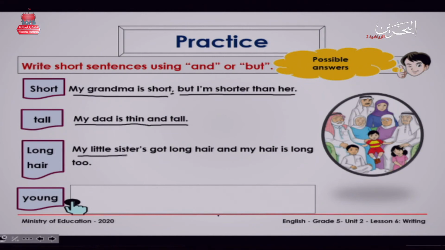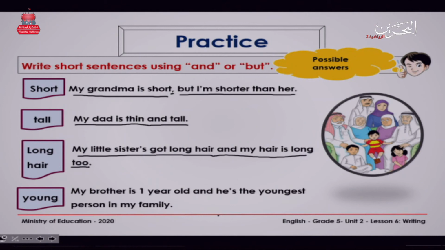My little sister's got long hair and my hair is long too. My brother is 1 year old and he's the youngest person in my family. I hope it was easy. Let's move on.